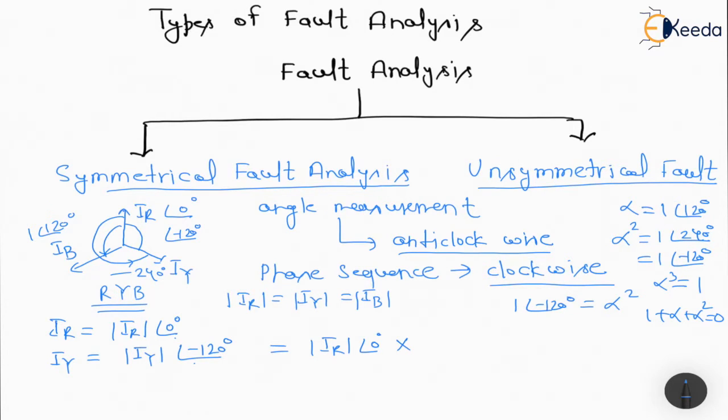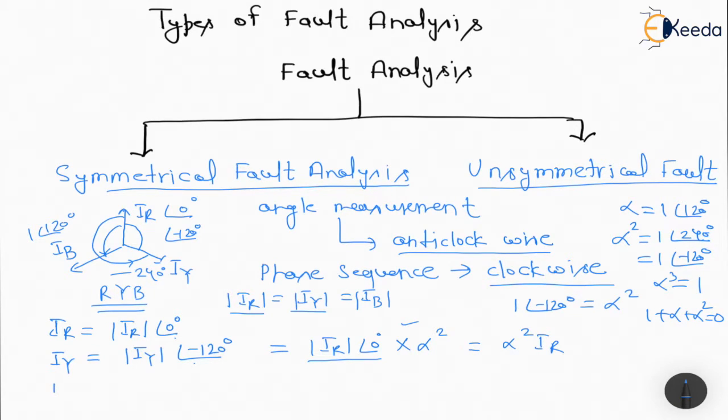So we can write here in the symmetricity, IY at the angle of minus 120 is equal to mod of IR at the angle of 0, because IY is equal to IR into alpha square. So IR at the angle of 0 represents the vector IR, and it can be represented as alpha square into IR.